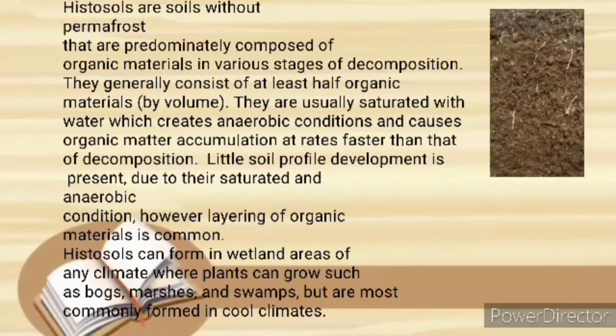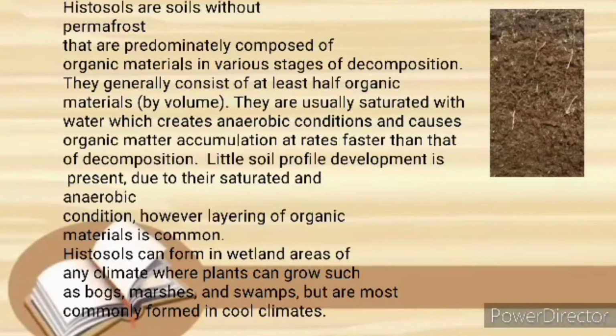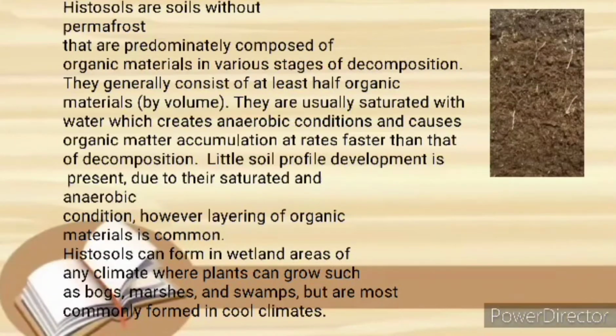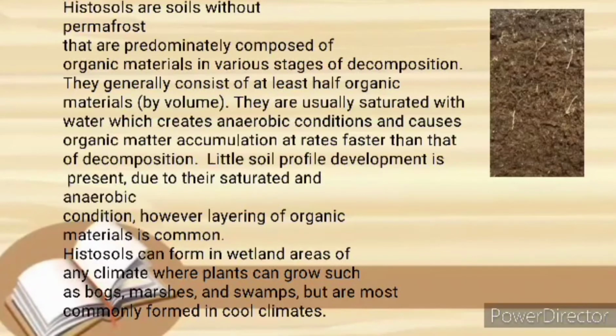Histosols are soils without permafrost. So what is permafrost? Permafrost is a permanently frozen layer on or under Earth's surface. Histosols are predominantly composed of organic materials in various stages of decomposition. They generally consist of at least half organic materials by volume.